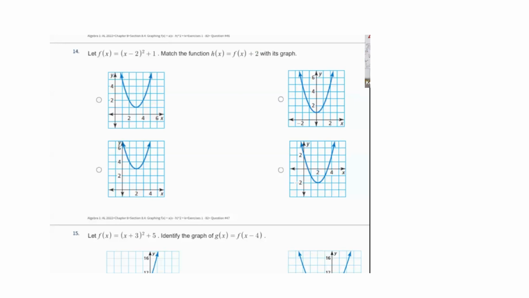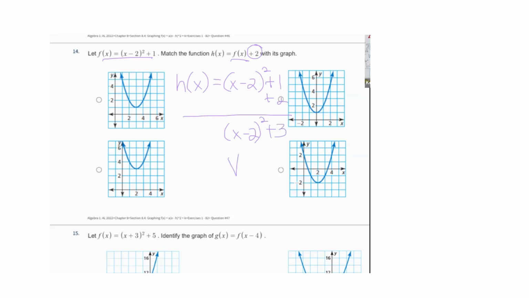Instead of this one, we've got h of x, which is what we're calling it. We're saying h of x is f of x, so it's x minus 2 squared plus 1, and then we're adding 2. So we've just got x minus 2 squared plus 3.